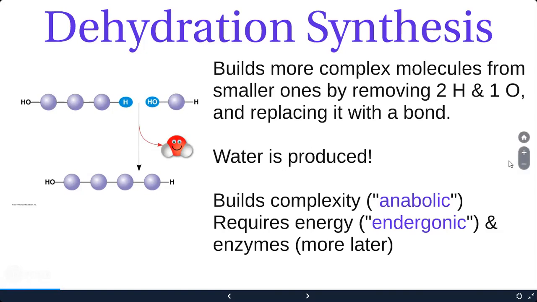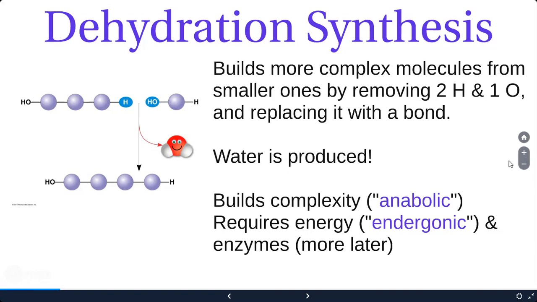These reactions are called anabolic. When you go from simple to complex, that's an anabolic reaction. Anabolism is one half of your body's metabolism. You may have heard the word anabolic before in the popular press related to anabolic steroids.